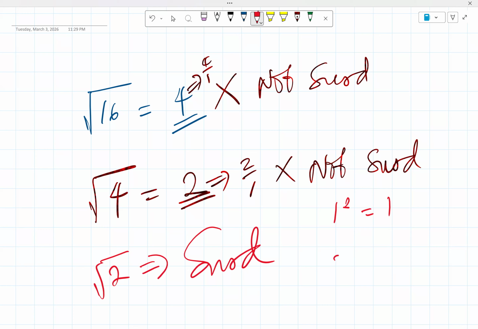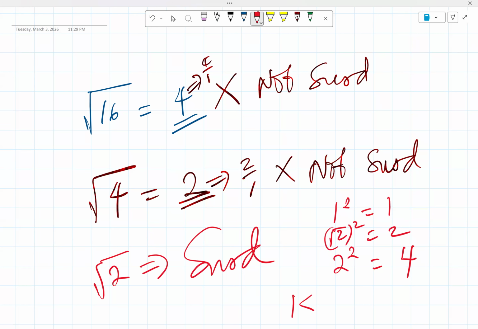If you square 2, you have 4. So if you take the square root of 2, you see that root 2 lies between 1 and 2.